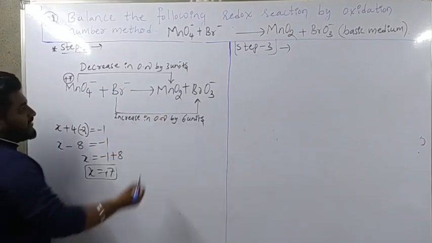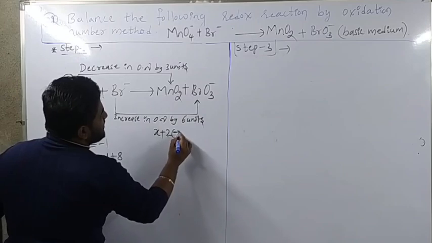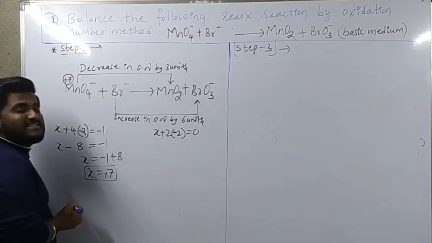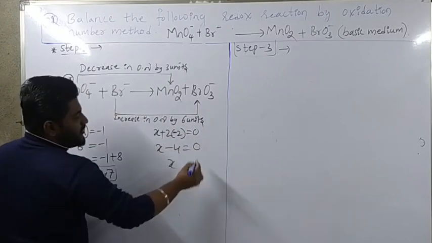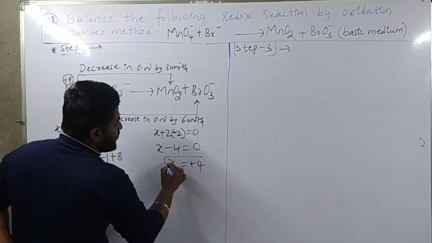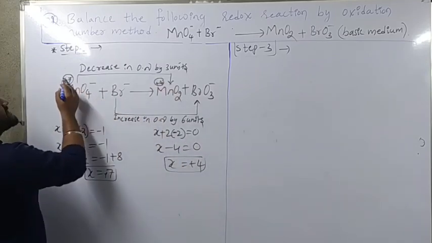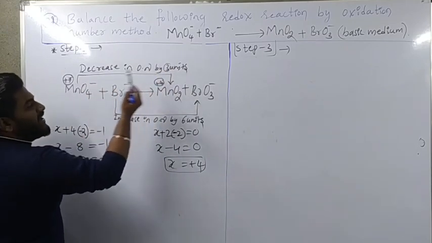Now for MnO2, Mn is X, 2 into minus 2, overall charge nothing, so 0. X minus 4 equals 0. Taking minus 4 to the other side, it becomes plus 4. So the Mn oxidation state is plus 4. Plus 7 to plus 4, hence decreased by how many units?